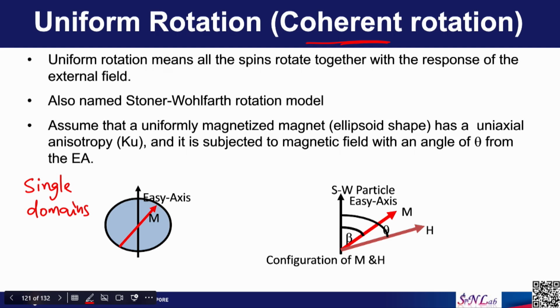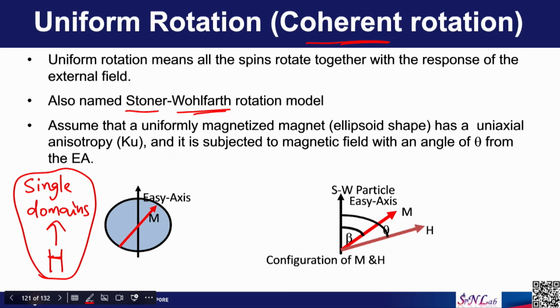So, what happens to the magnetization of the particle when you subject them to magnetic field was studied theoretically by these two scientists, Stoner and Wohlfarth, and they proposed how these particles will reverse their magnetization when they are subjected to a magnetic field, and this model is called the Stoner-Wohlfarth reversal model.